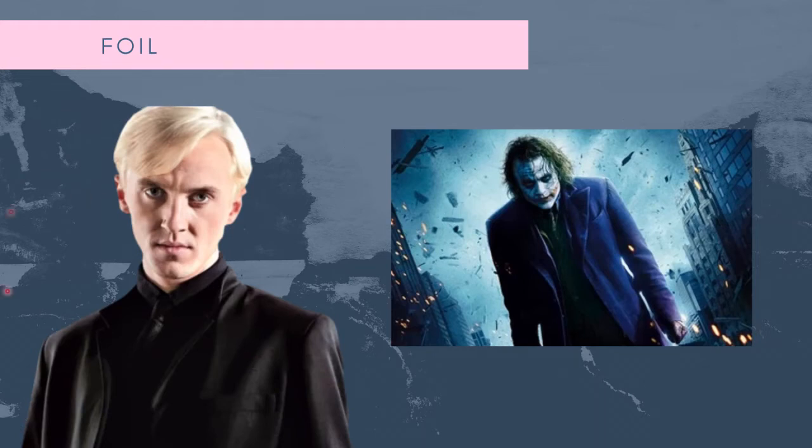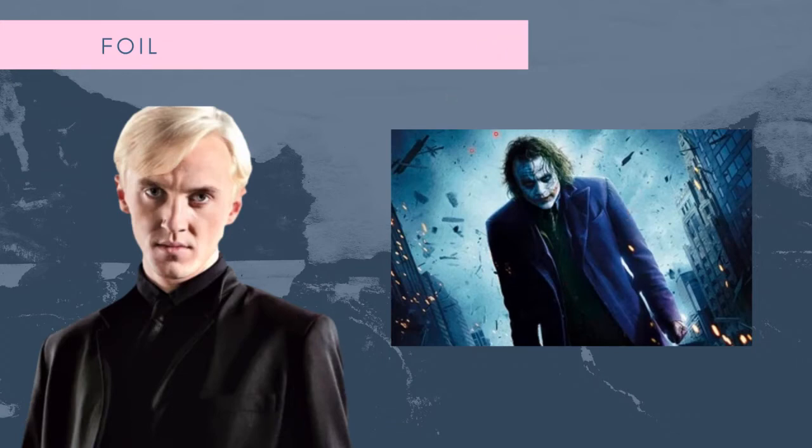Whereas here, Draco struggles with his allegiances through the whole series. So sometimes he's confused about his choices. There was a time that he paired up with Lord Voldemort, and there was a time also that he wanted to go to the side of Harry Potter. That's how they differ in their characters.